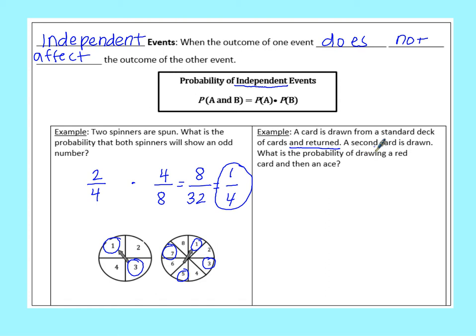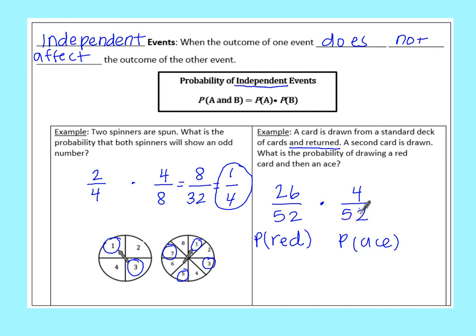So first we want to find the probability of drawing a red card. Half of the deck is red, so 26 possible cards out of the 52 in the deck are red. That's the probability of red. And then we want to figure out the probability of an ace. There are only 4 aces in a deck, and since we're returning the card, we still have 52 to draw from.